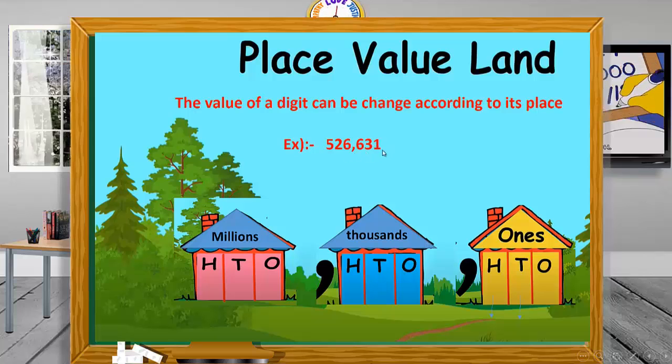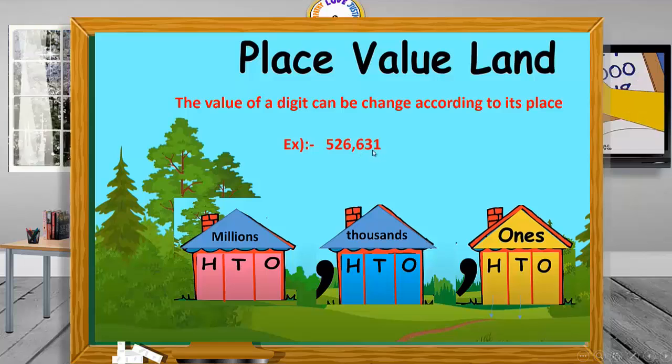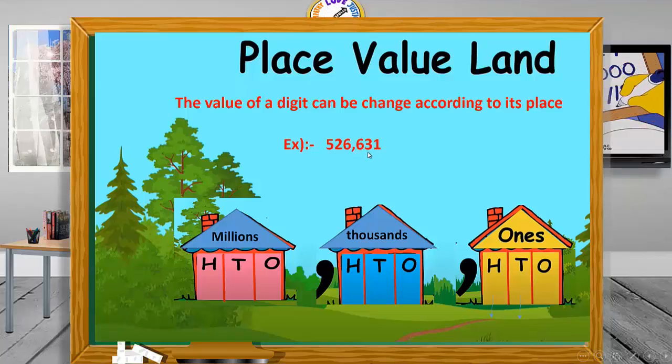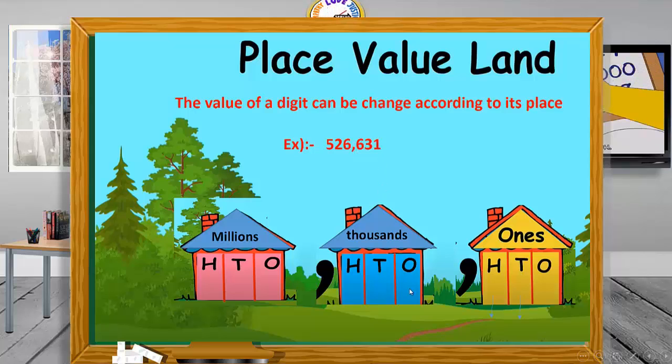Yes, in the first house, because 1 comes first, before the comma. So I can't put 1 in the thousands place, and I can't put 1 in the millions place. You should put 1 in its place. Where is its place? Here.